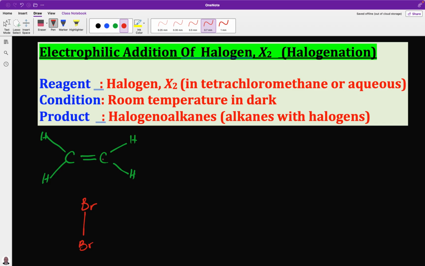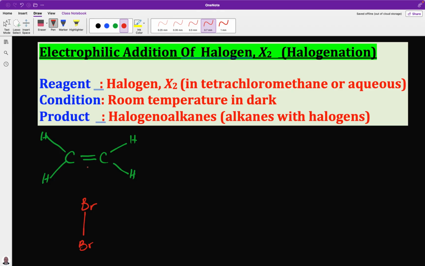What makes the ethene molecule open to attack, as we mentioned in our previous video, is the presence of the pi electrons here. The presence of the pi electrons will cause a cloud of high electron density.